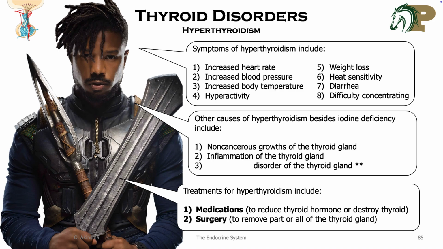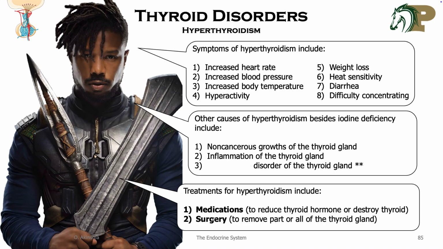Okay. Heat sensitivity, diarrhea, because diarrhea represents an overactive or supercharged digestive or GI tract, and then difficulty concentrating. Your mind is racing all the time as a result of the increased T3 and T4.